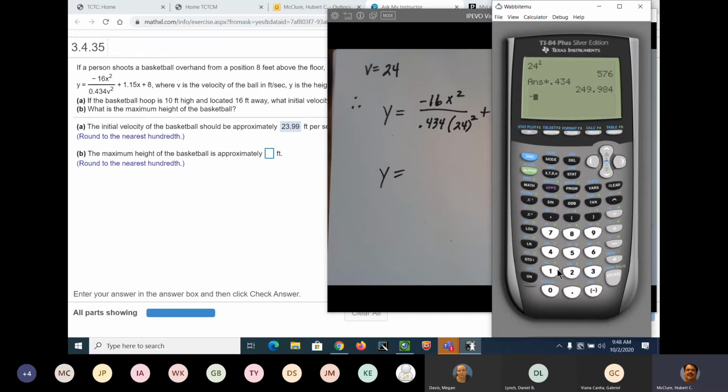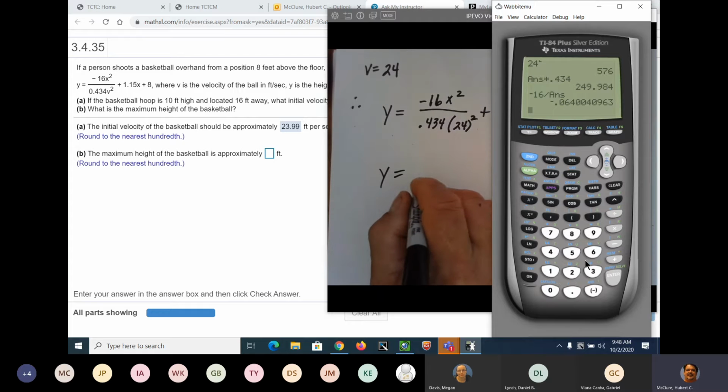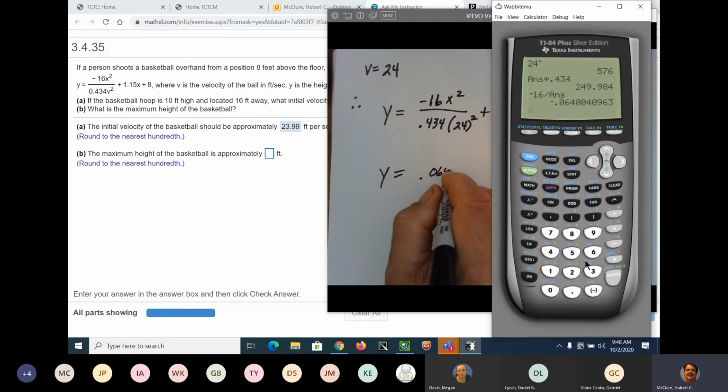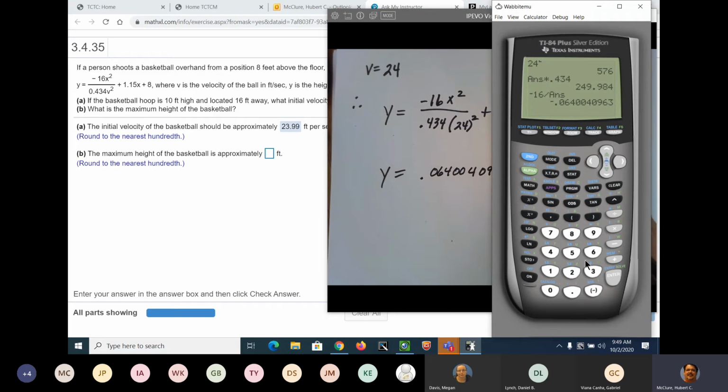So negative 16 divided by the second answer. Okay, so there's your x squared. So your formula is 0.0640040963 x squared plus 1.15x plus 8.